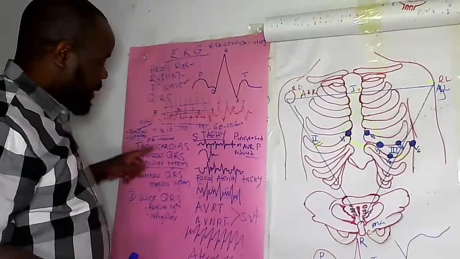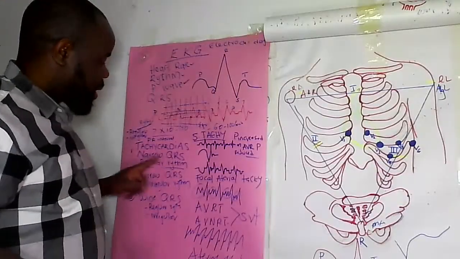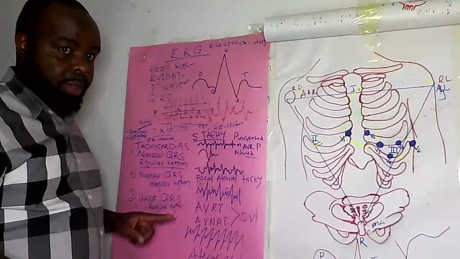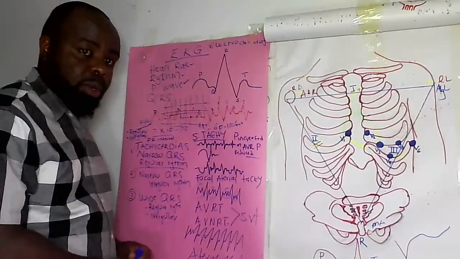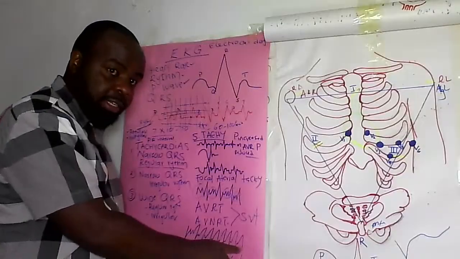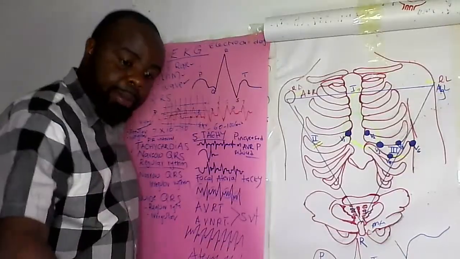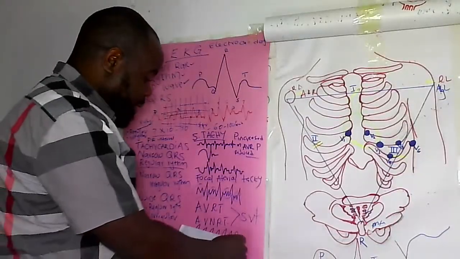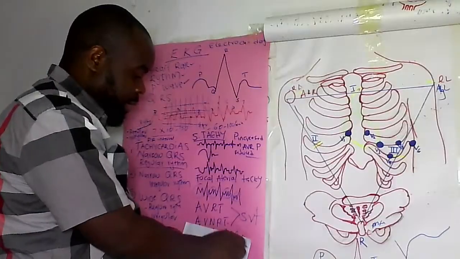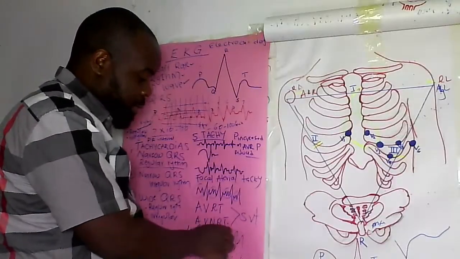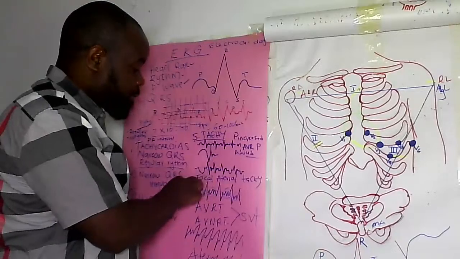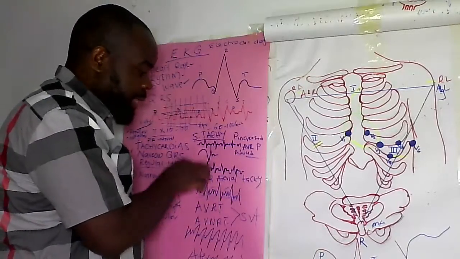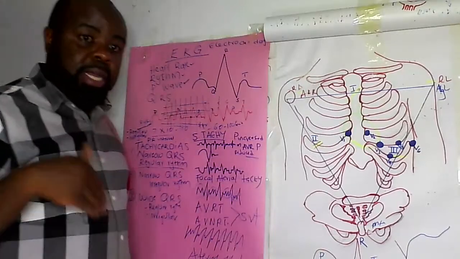We have started with tachycardia, narrow QRS with regular rhythm. All these have regular rhythm because even if they look slanted, if you check your paper and count them, you'll see all the waves are the same. If you put your focal points and then you check, you see that they are okay.